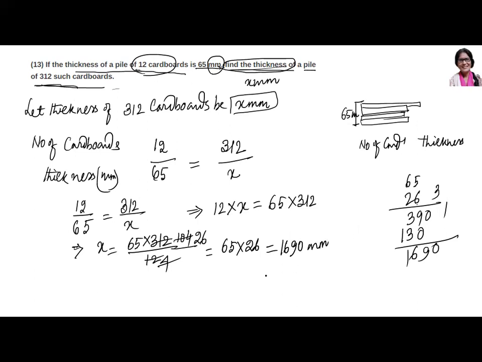It will be 169 centimeter. So keep it as millimeter. So the thickness of 312 cardboards is 169 millimeter.